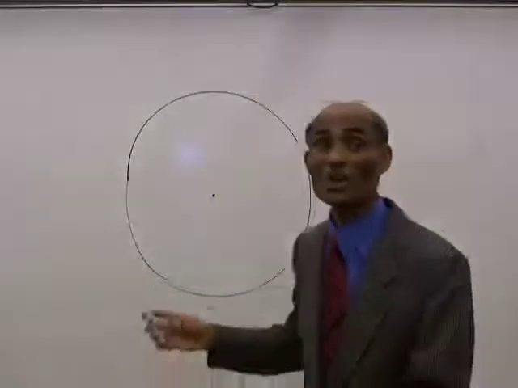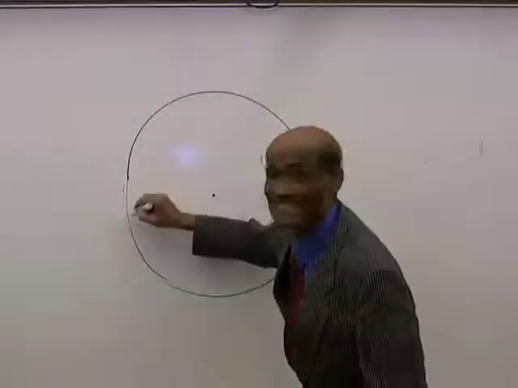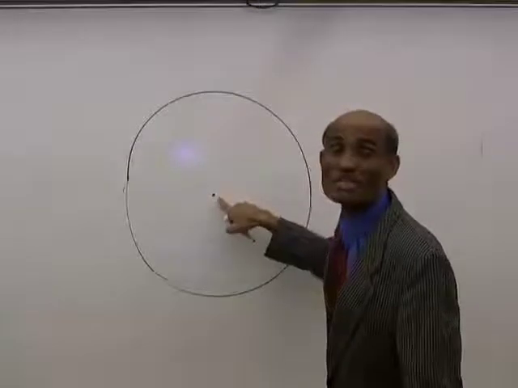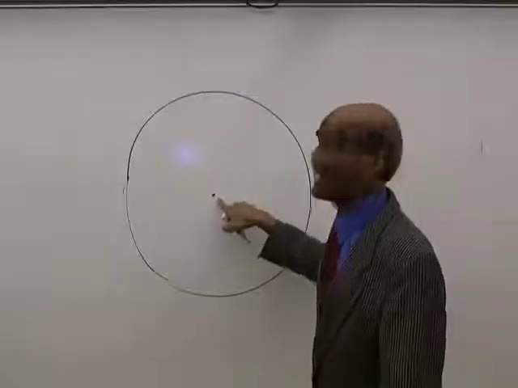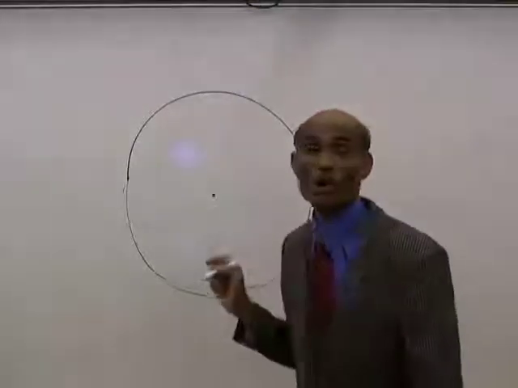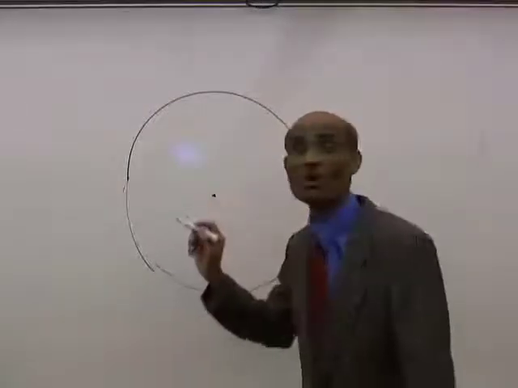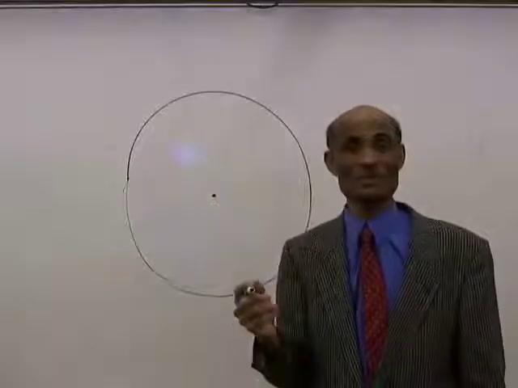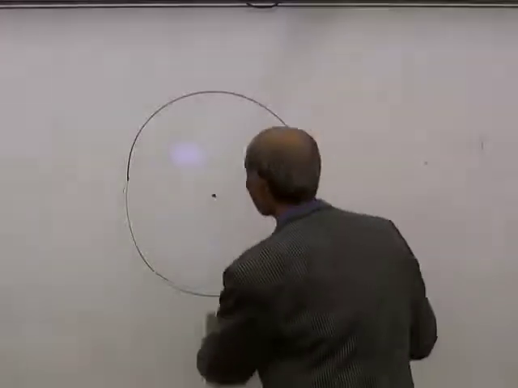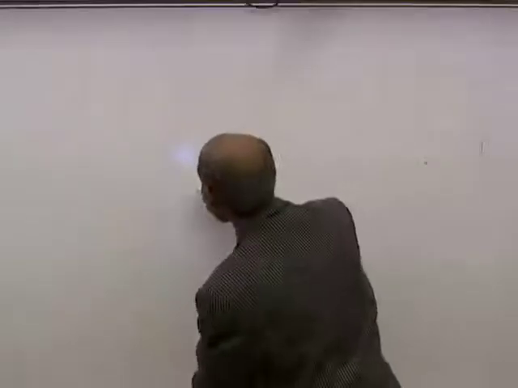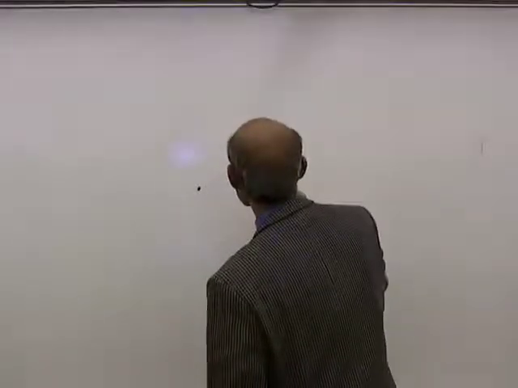So, a circle is made up of a set of points that are equidistant from a single point. That distance we call the radius of the circle, and that single point is called the center of the circle. What is an ellipse? In the case of an ellipse, we have 2 points.